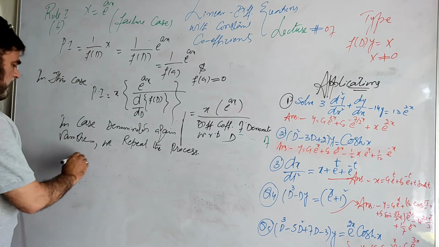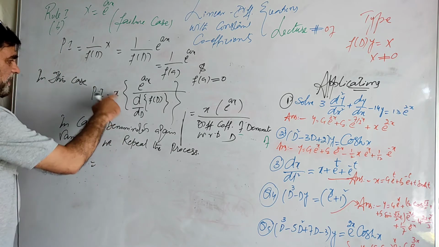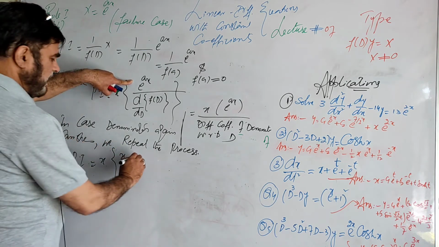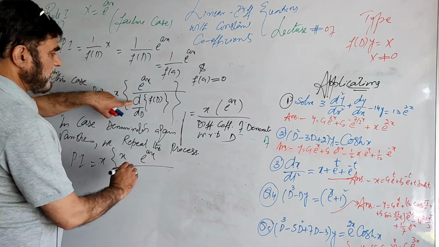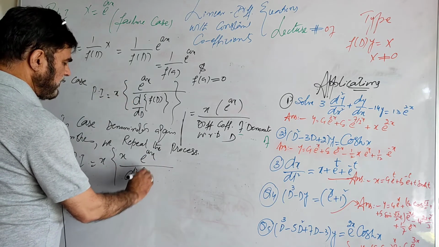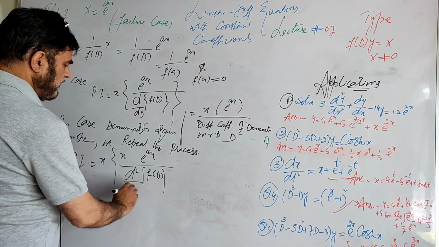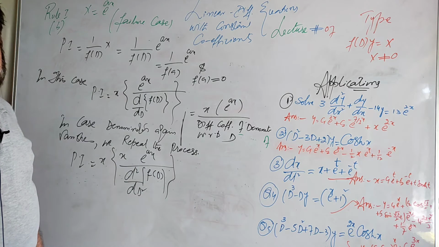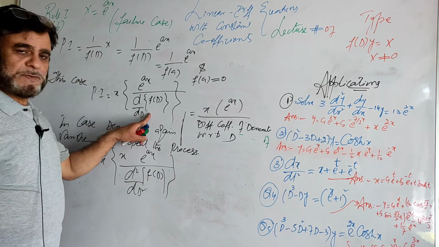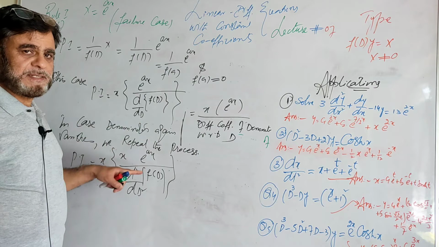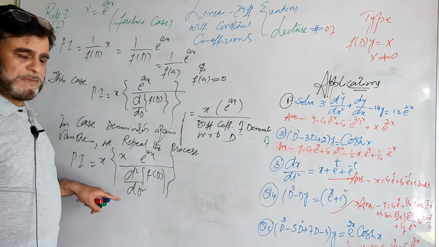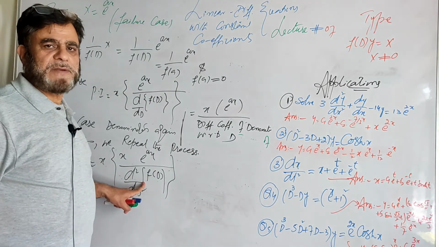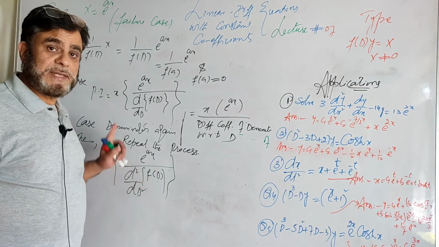In that case, you write the particular integral with this x, then another x, again e raised power ax, and differentiate again: d square f by dD square. If it becomes 0 when we replace D by a, we differentiate again. We go this way till the denominator is not 0 when we replace D by a, in the failure case.